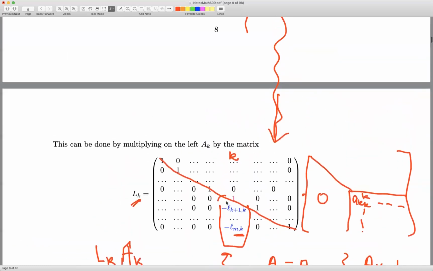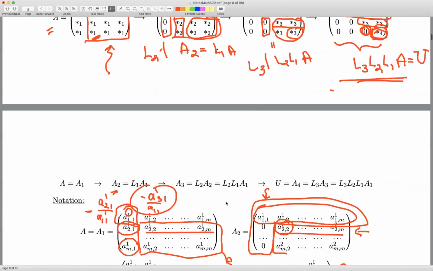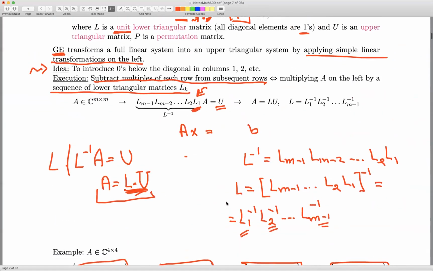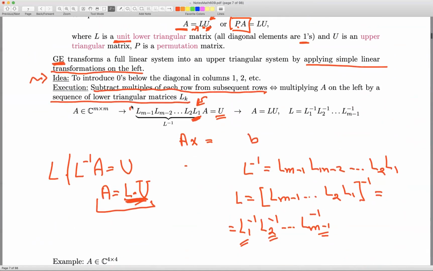And in the previous lecture, we had exactly this equation, and from this equation, we discussed that this equation can be translated in the form A is equal to L times U, where the matrix L is equal to the product of the inverses of these matrices LK.